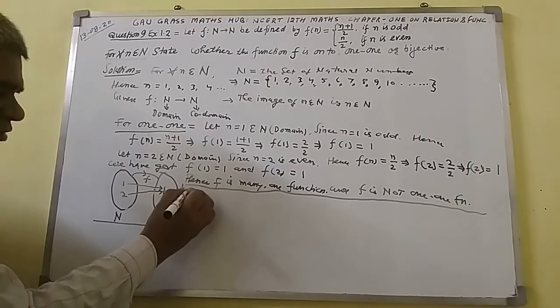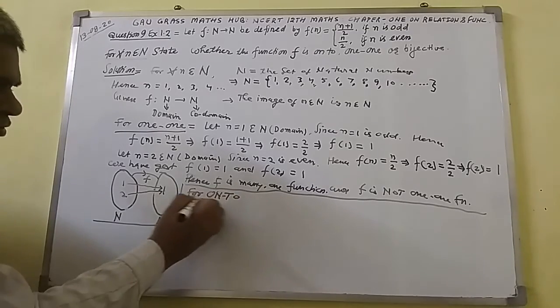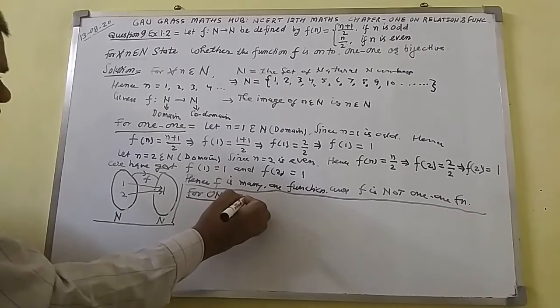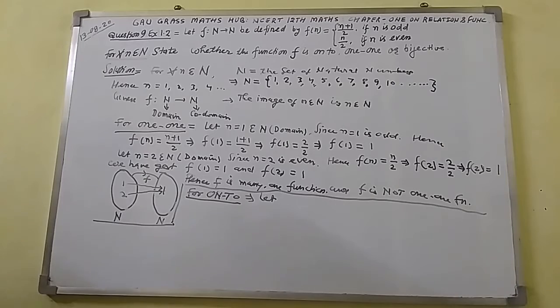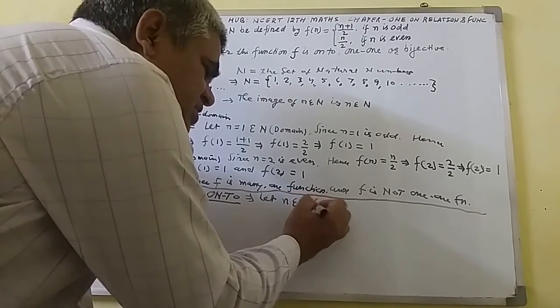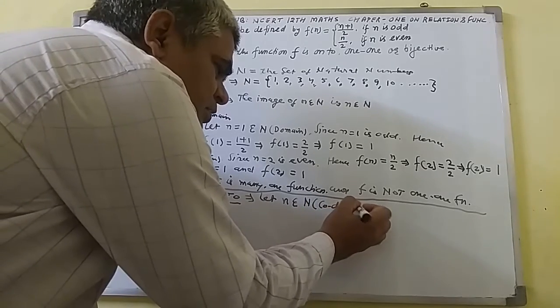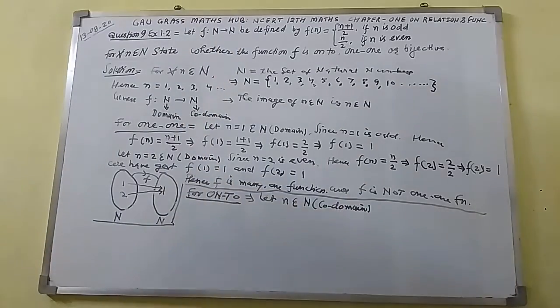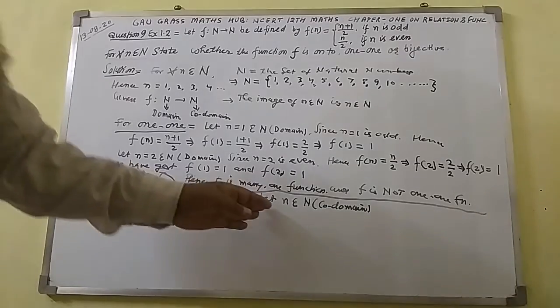So for onto, what will we do? Let small n belong to capital N, that is codomain. For onto I have let this one. Small n belong to codomain.